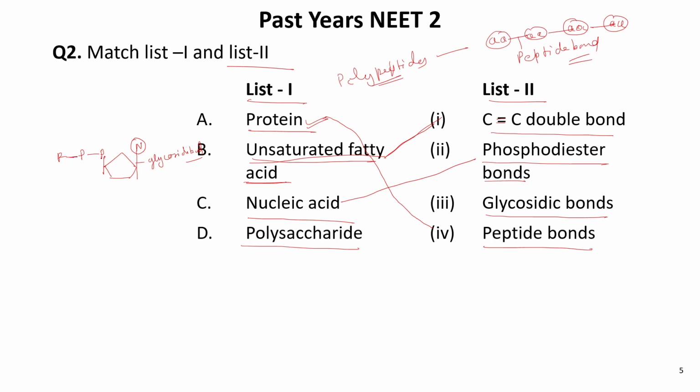So these are called phosphodiester bonds. So phosphodiester bond is present in nucleic acid. Polysaccharide, glycosidic bond: whether you study starch, cellulose, disaccharide, trisaccharide, anything, you will have a glycosidic bond, right?